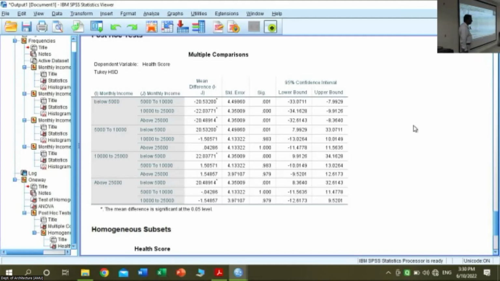So base is 10,000 to 25,000 group, and this already done, this already done. Now this and this. So see the significance value, that is 0.979. So again p value is greater than alpha. So there is no any significant difference between 10,000 to 25,000 group and above 25,000 group.